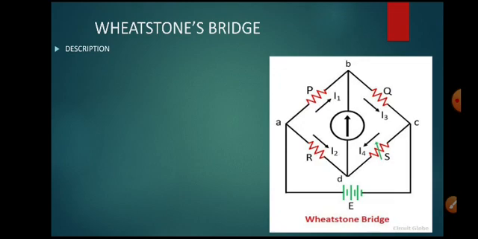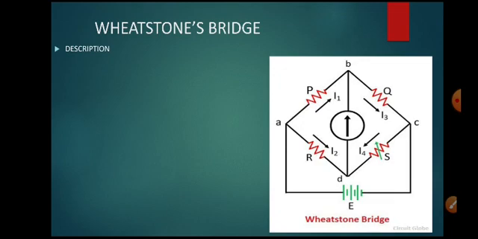These four resistances create two arms. Diagonally, one pair of resistances is connected to a source. Here A and C are connected to the source. This is known as a battery arm.